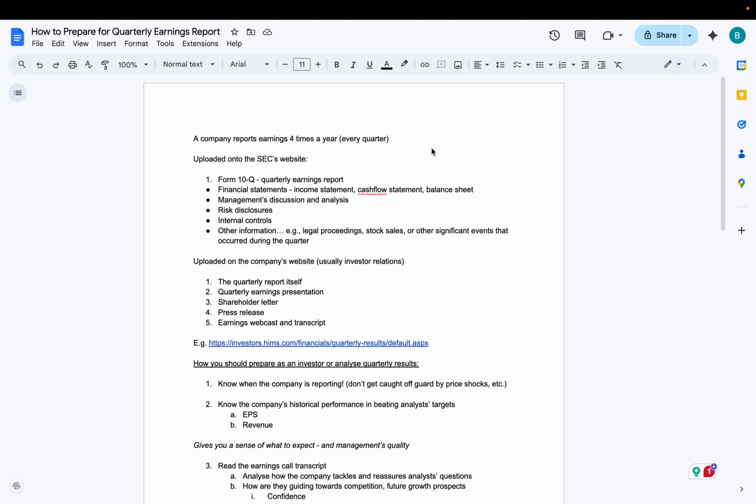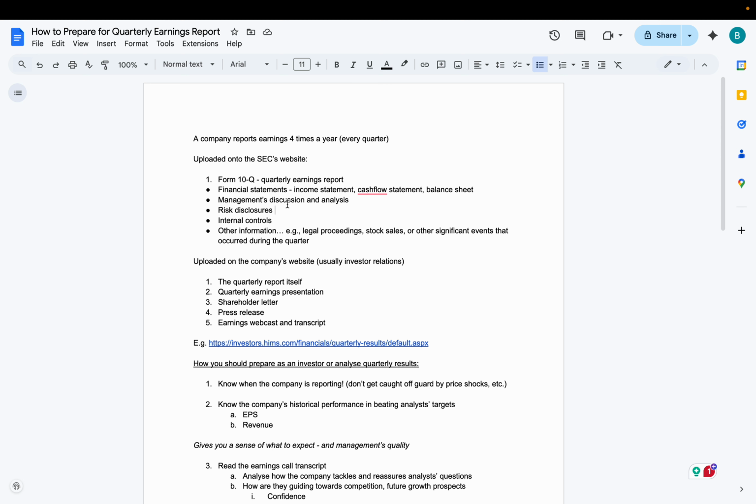And what's in this Form 10-Q, right? It's basically the financial statements of the company, which include the income statement, cash flow statement, and the balance sheet. It also may include the management's discussion and analysis of the company, including the risk disclosures the company may be facing, for example, market risk, regulatory risk, competition risk, things like that.